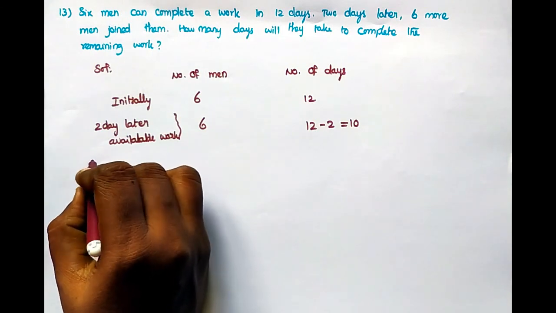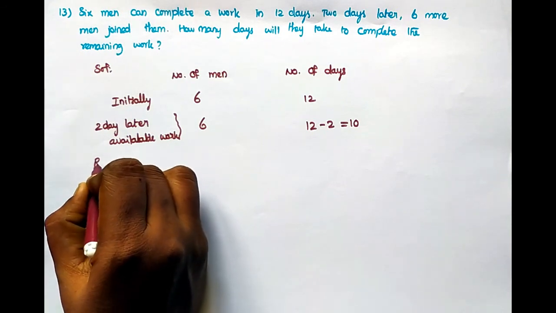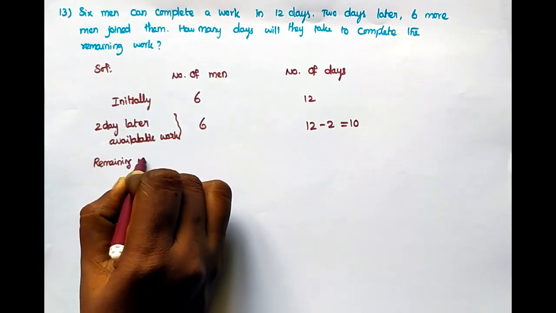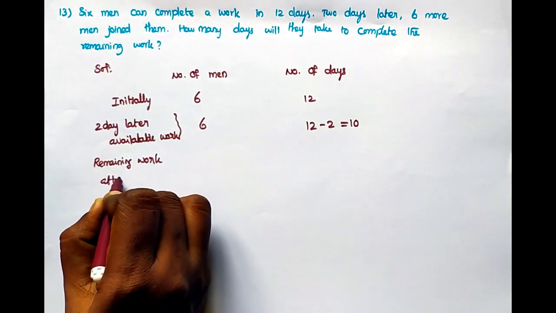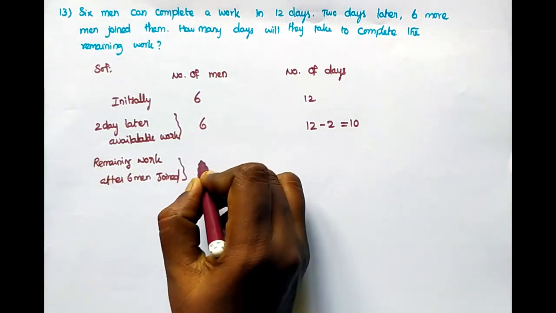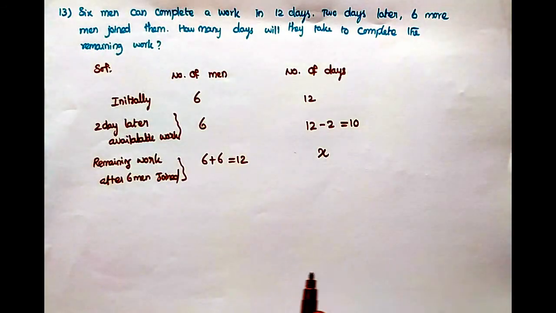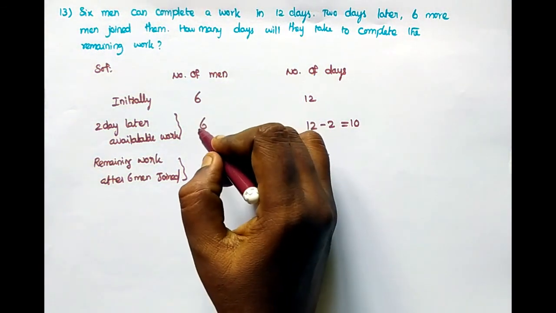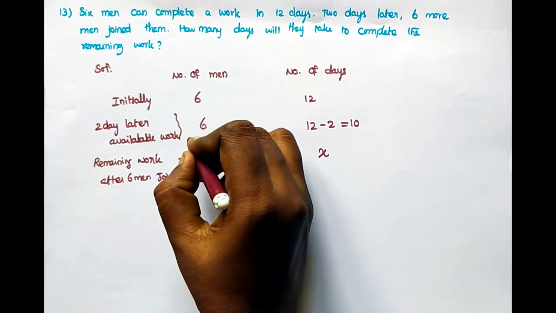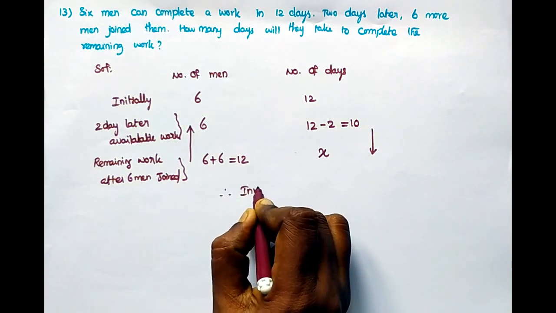Now remaining work after six men joined. So 6 plus 6, 12. We don't know the number of days. But number of men increases means number of days decreases. Here increases means here decreases. Therefore, it is inverse proportion.